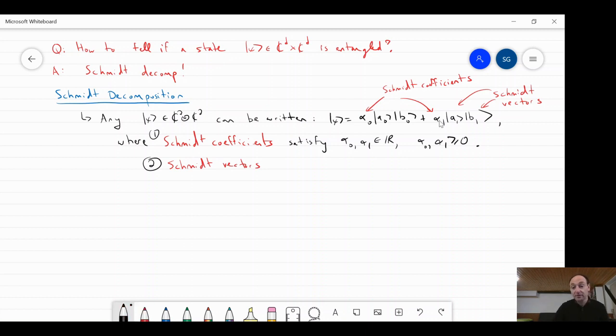I have a pair of them: A0, A1 on the first system, and a second set on the second system, B0, B1. And the key property here is that these are orthonormal bases. For example, A0, A1 could be just ket 0, ket 1.